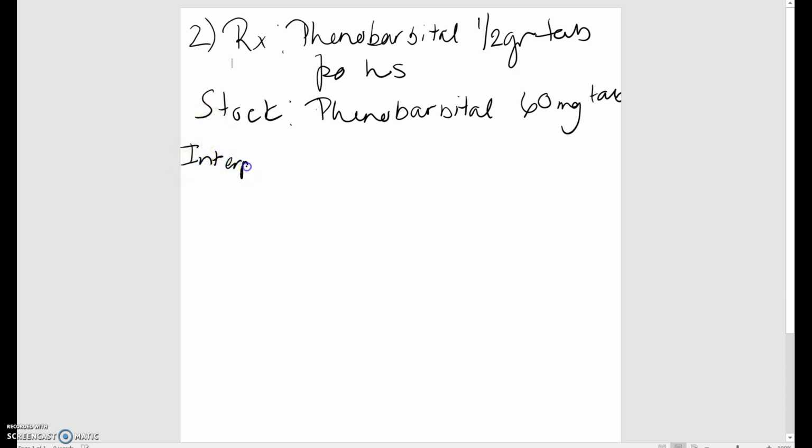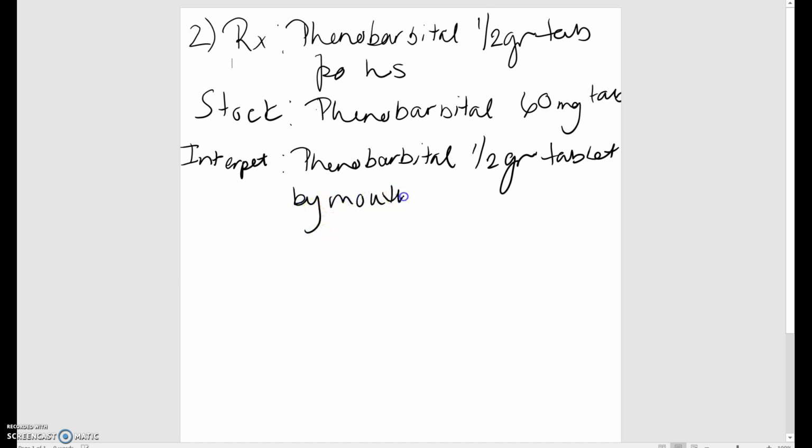When you interpret the order, you read the order just as you see it. So I read this order to say phenobarbital half a grain tablet by mouth at bedtime.